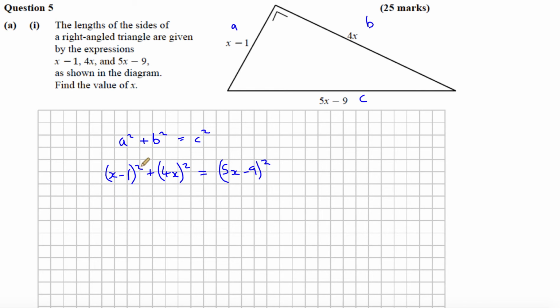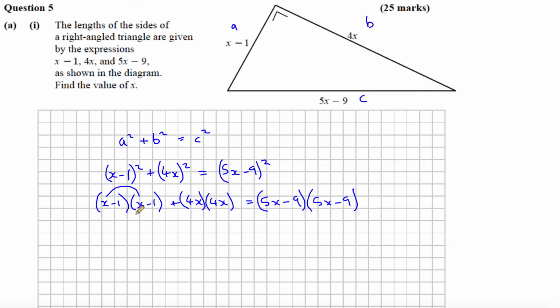Okay, so x minus 1 squared, well that's x minus 1 by itself, plus 4x by itself, and finally 5x minus 9 by itself. So it's a good idea to take your time with this and don't try and rush it.